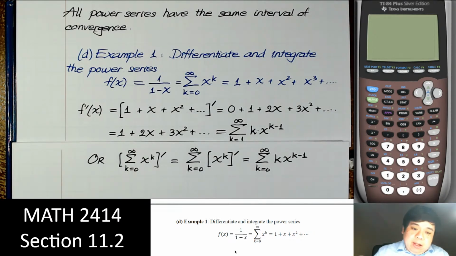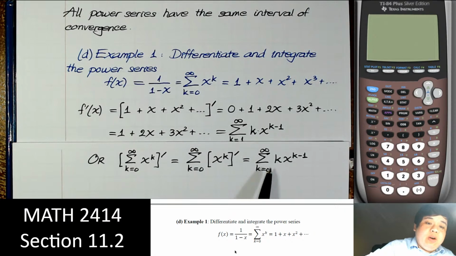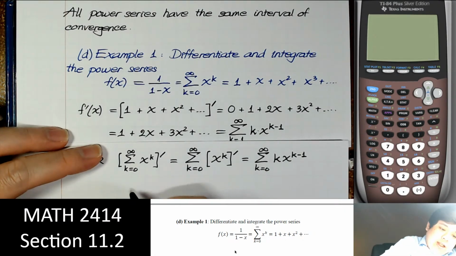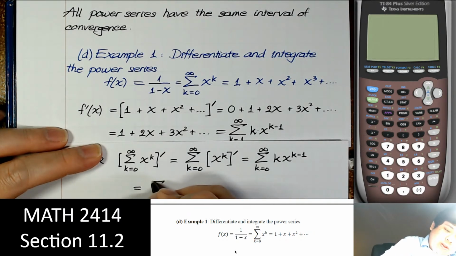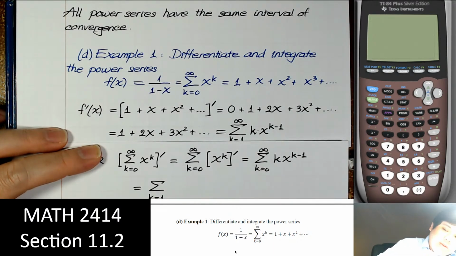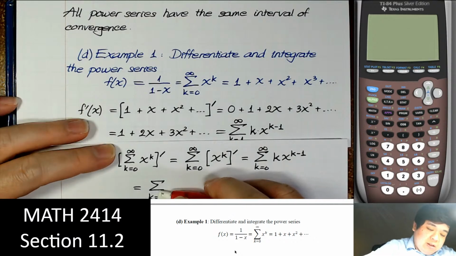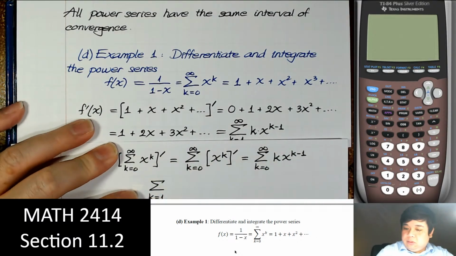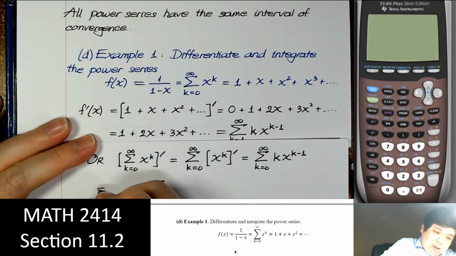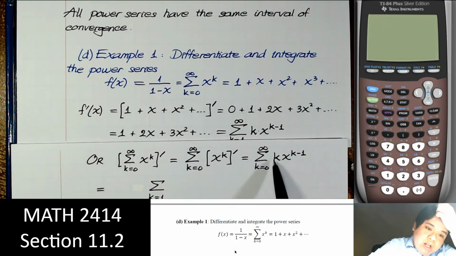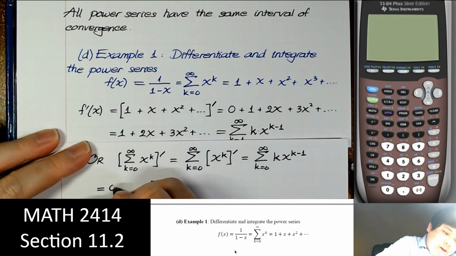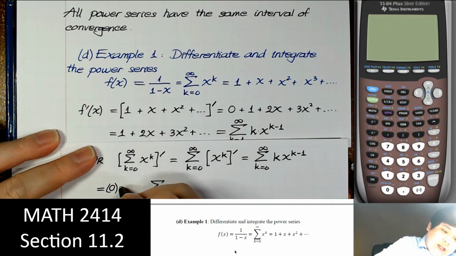However, for this series, when k equal to 0, 0 times anything is 0. So let me write like this instead. So now we're going to put 0 in for k, step 0, and then x to the k minus 1.